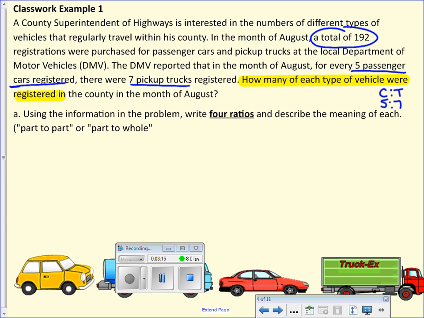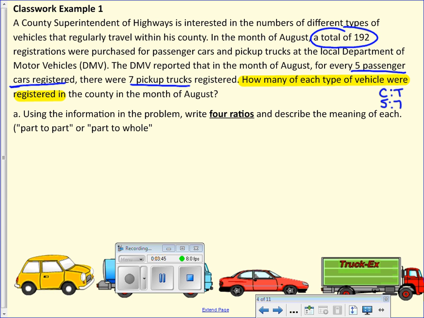So we're looking at a total of 192. So clearly, it's not a total of 12 cars. So of the 192 cars that were registered, some were trucks, some were cars. They were able to simplify the ratio down. So maybe on Monday, 12 people came in to register their car. So on August 1st, 12 people registered their car. Of those 12 people, 5 were cars, 7 were trucks.